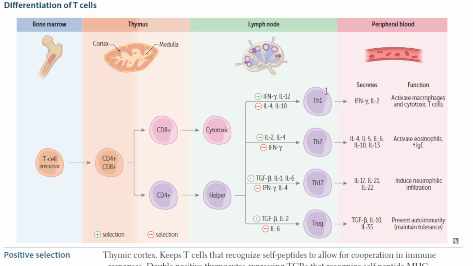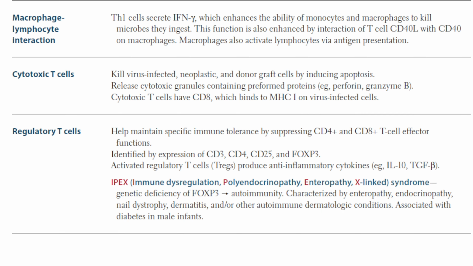The most important here is Th1, by the effect of interferon gamma and interleukin 2, activate the macrophages. So as we can read here, macrophage-lymphocyte interaction. The Th1 cells secrete interferon gamma, which enhances the ability of monocytes and macrophages to kill microbes they ingest.